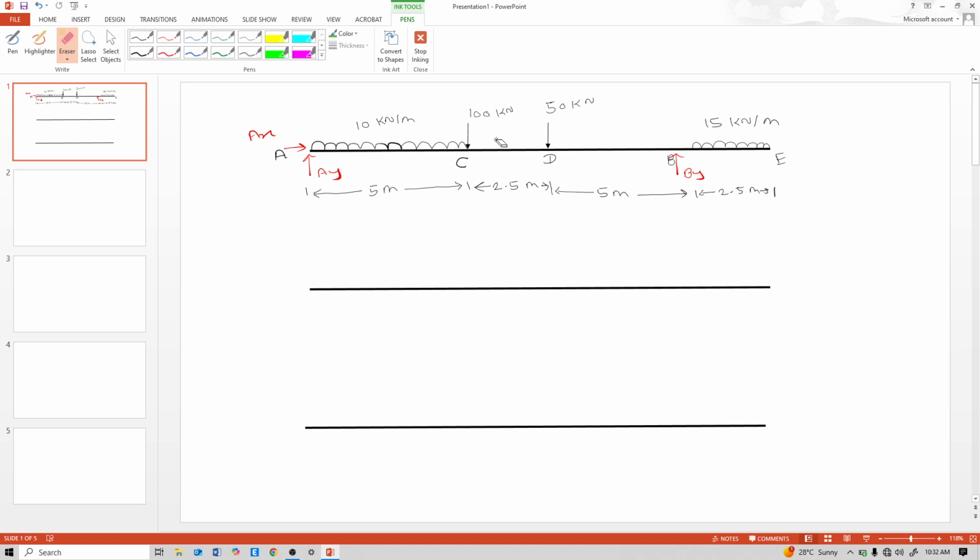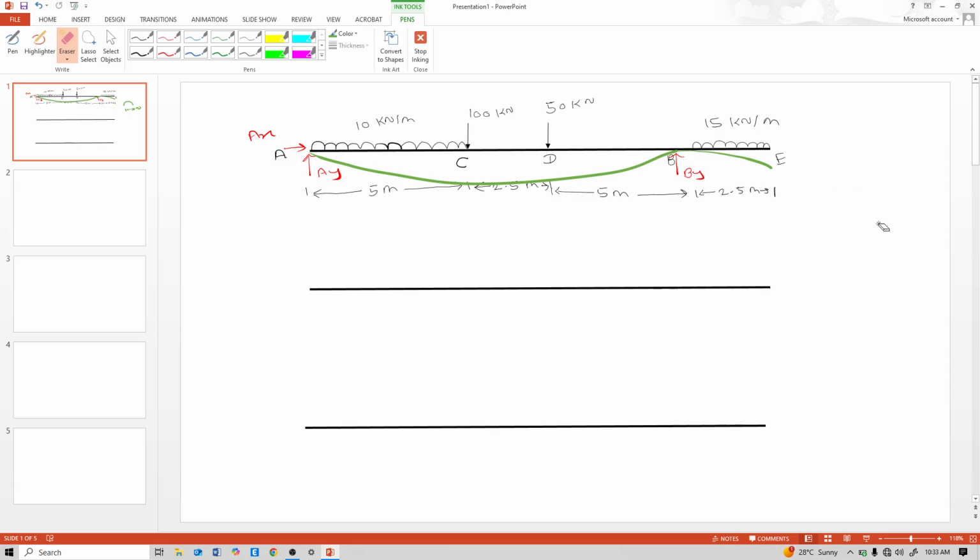See, more load, 100 kN, 50 kN, 10 kN per meter, is on the AB span of this beam, and this B is also, so the correct deflection is like this. So this B is like this. That means hogging.